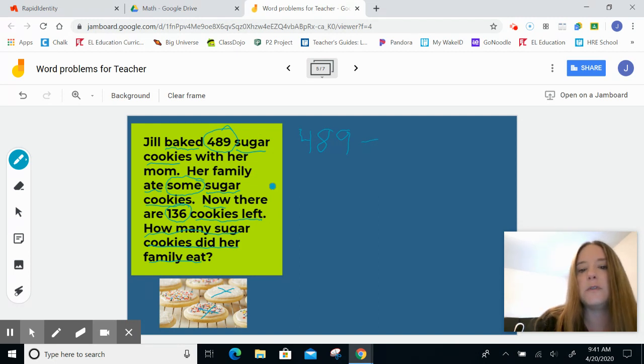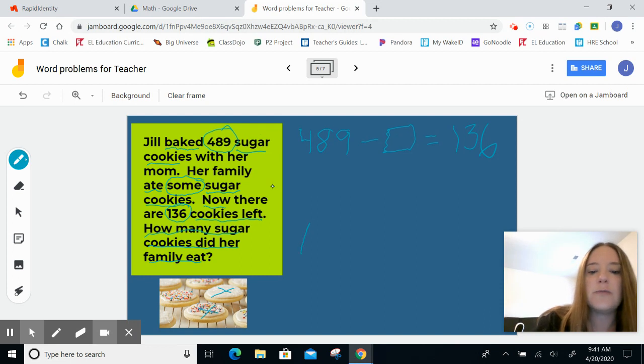Remember that word some is the unknown number. So I'm going to put a box. Now there are 136 cookies left. 136. Okay, so my situation equation is 489 minus blank equals 136.